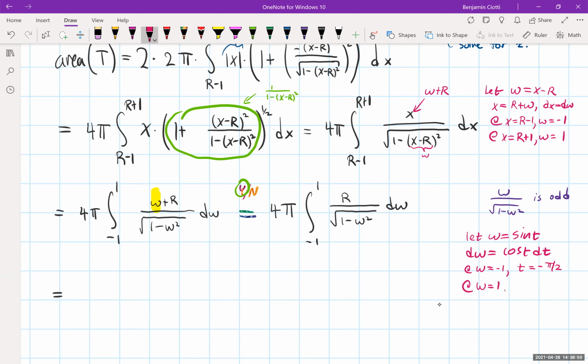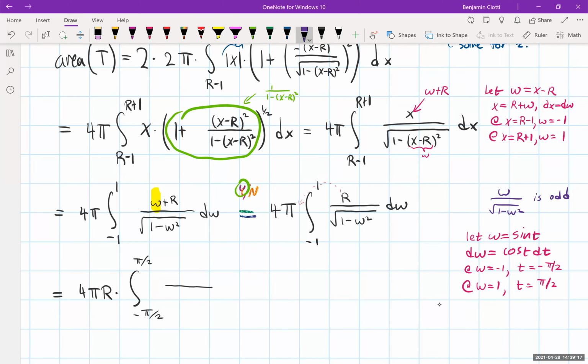And if W equals 1, t is positive pi over 2. So with that, let's pull the r up in front: 4 pi r times the integral from negative pi over 2 to pi over 2.